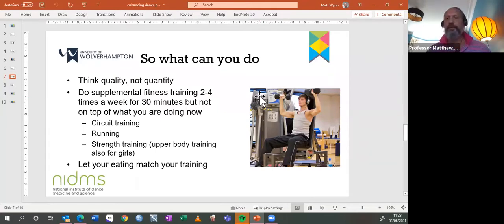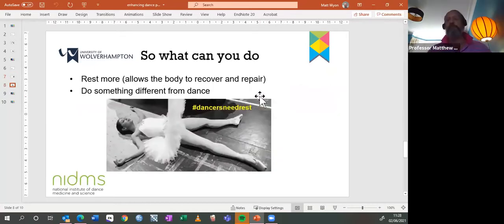The other important thing is, if you increase your training, you've got to increase your eating. Very important. Rest. Very important. Our body is a reactive mechanism. When we put a load on it, it goes, oh, that was hard, and then needs to work out how to repair itself and to recover so that it can cope with that new stress.